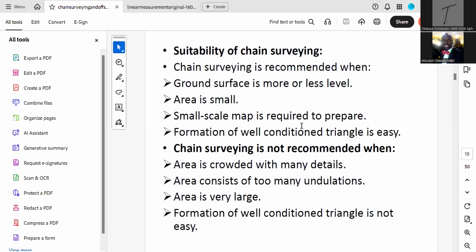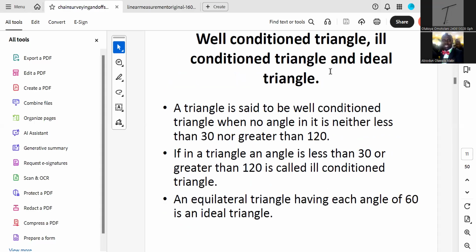Okay, so what is a well-conditioned triangle and an ill-conditioned triangle? A triangle is said to be well-conditioned when no angle in it is less than 30 or greater than 120 degrees. So it is a triangle whose angle is not less than 30 degrees and not greater than 120 degrees.